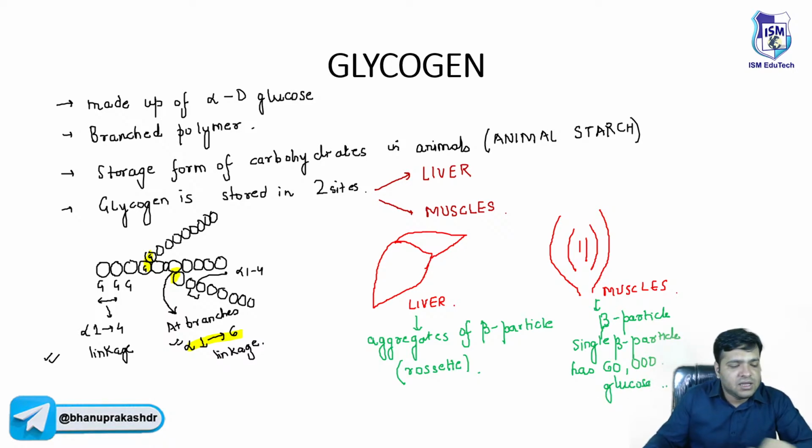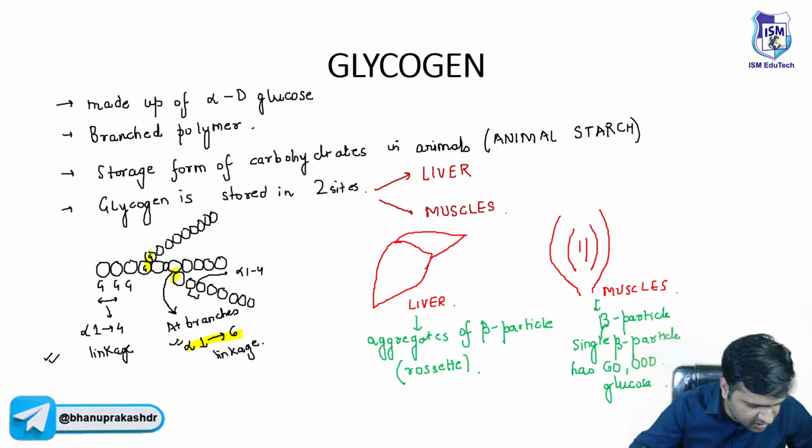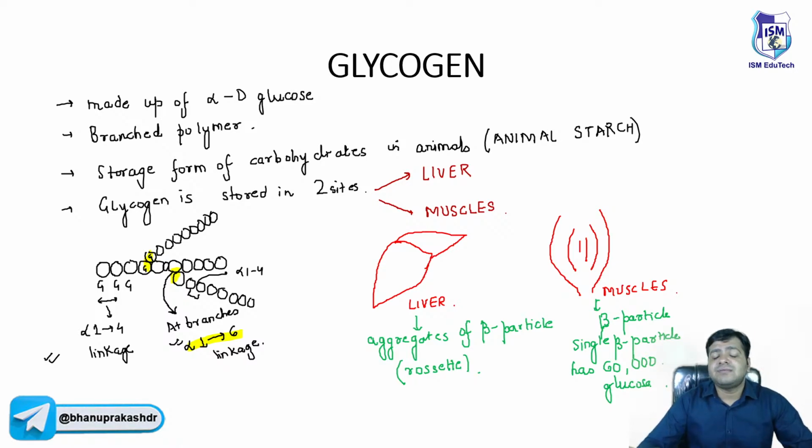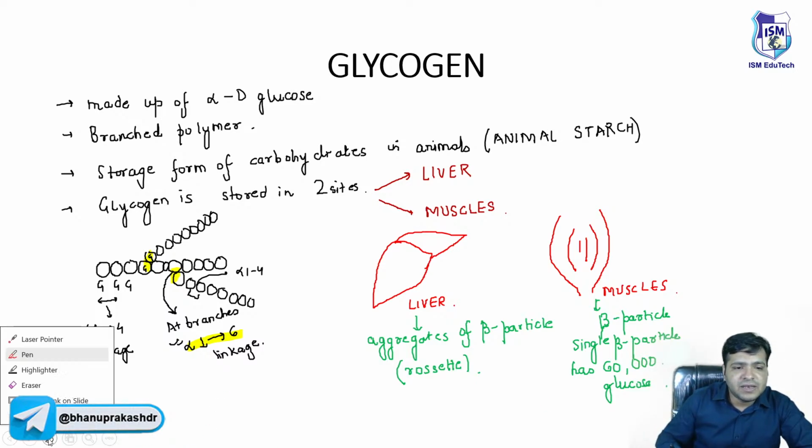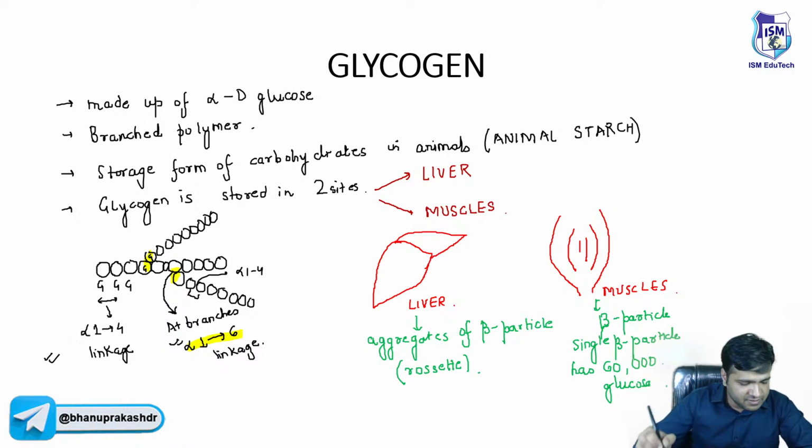So this you should remember. In liver, these beta particles are aggregated and stored in the form of a rosette, right? In muscles, it is a single beta particle, containing 60,000 units of glucose.